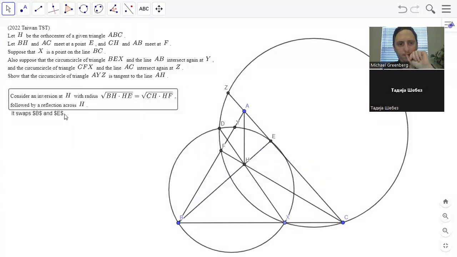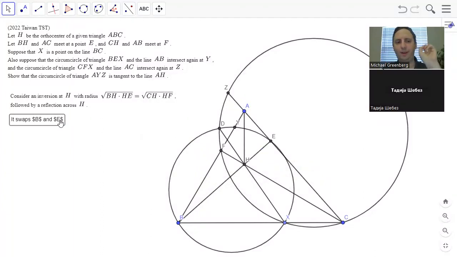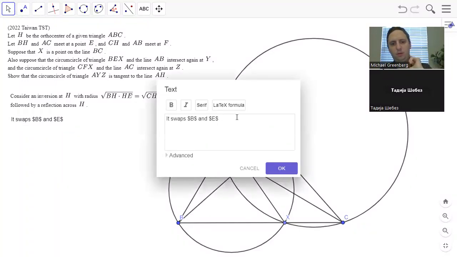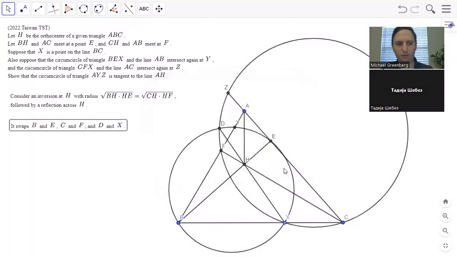It's a good point. Or like a negative inversion. It swaps B and E, C and F, and B and X. So that means it sends the circle AFEH to the line BC.